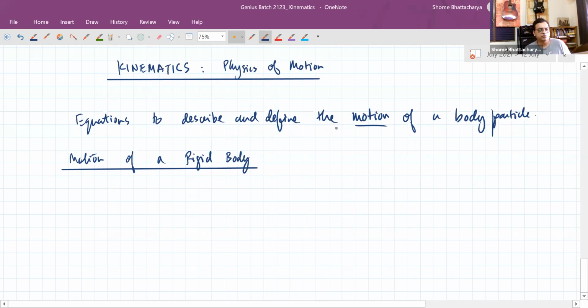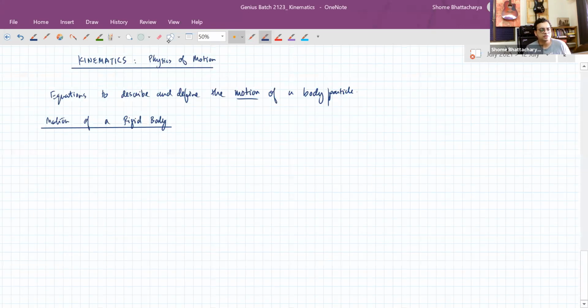Okay. So if we talk about motion of a rigid body, you will see that there are some different types of motion possible. For example, the most obvious and easy case of a rigid body motion is motion along a straight line. So in straight line motion, the body moves in such a way that its center of mass, or if you select any point which is roughly at the geometrical center of the body, it will describe a straight line path.